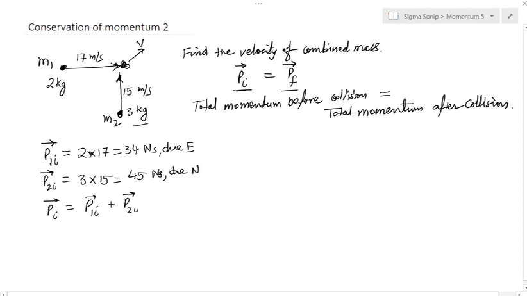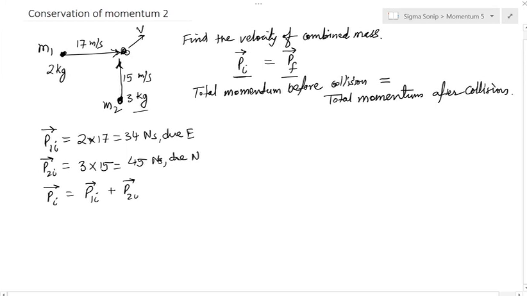So all we need to do is vectorially add them together, draw them, and then find the total momentum. I will draw this first one here, and the length of this vector is 34.